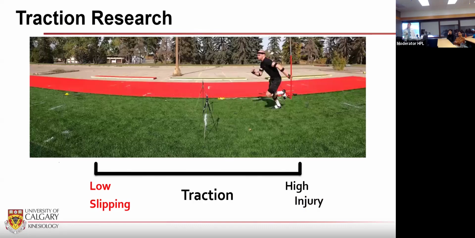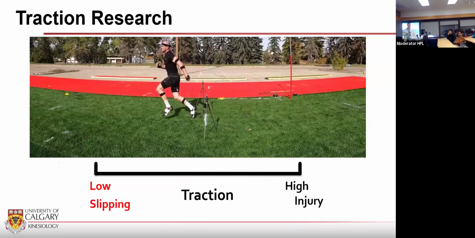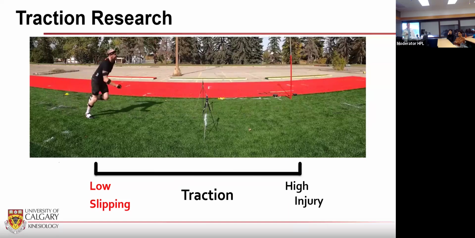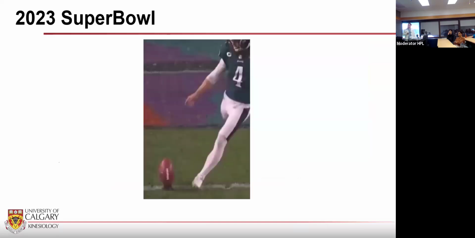One of the issues with that is if we make the traction too low, the athletes could actually be injured due to a slipping incident. If traction is not sufficient, they could slip, fall, and potentially become injured. A prime example of this was last year's Super Bowl. This game was played on a natural grass field, but it was a field that had very low traction.